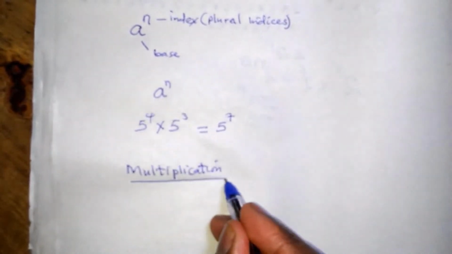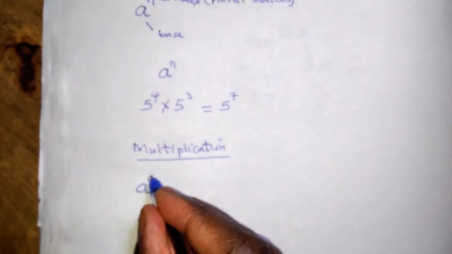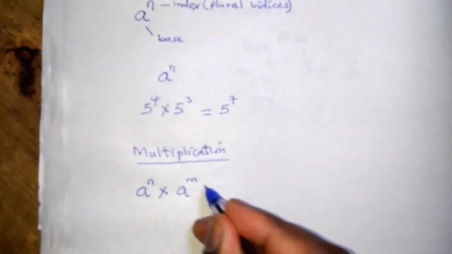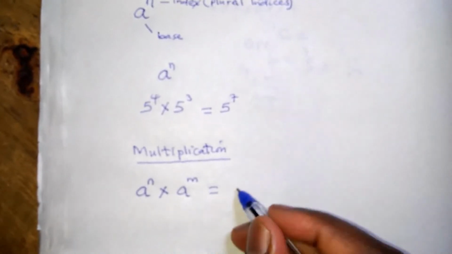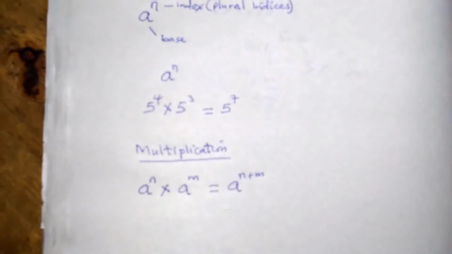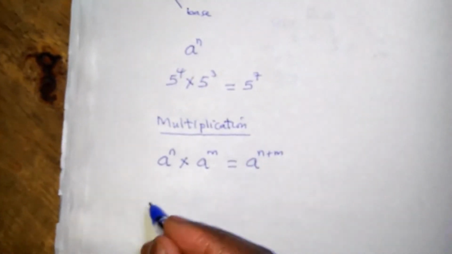To multiply indices we need to follow the rule a raised to n, if we multiply by a raised to m, our answer will be a raised to n plus m. Let's do a few examples.